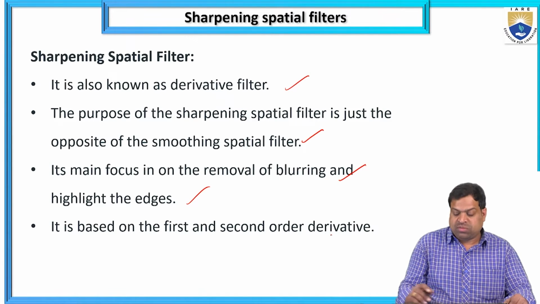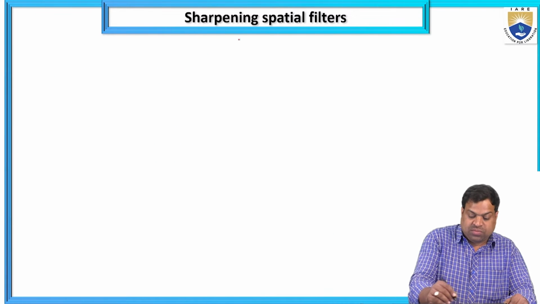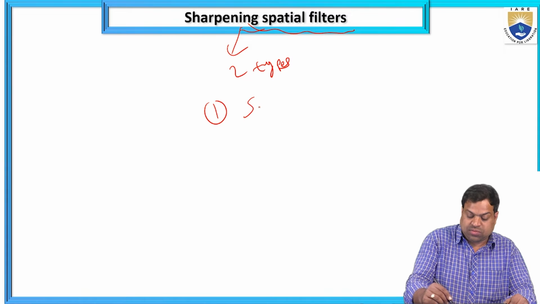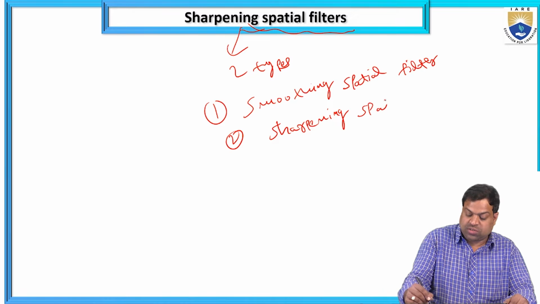Before going to this topic, we already know that spatial domain filters are of two types: smoothing spatial filter and sharpening spatial filter.